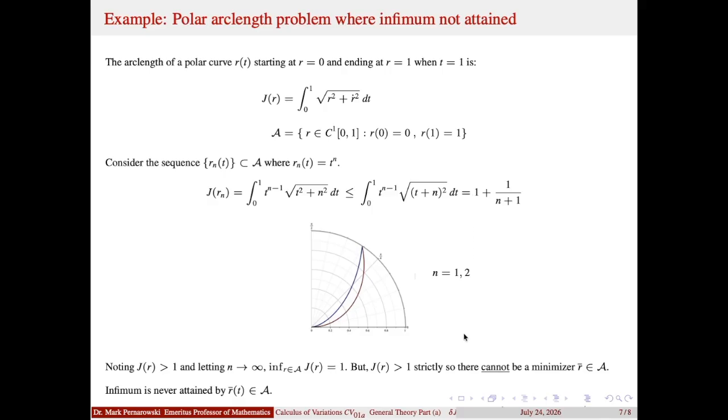This says that this sequence approaches the infimum of J, but there's no actual element r in A that makes J equal 1, because J has to be strictly bigger than 1. Hence, there is no minimizer in this set A that minimizes J. There are functions that do minimize J, but they're not in this set A.